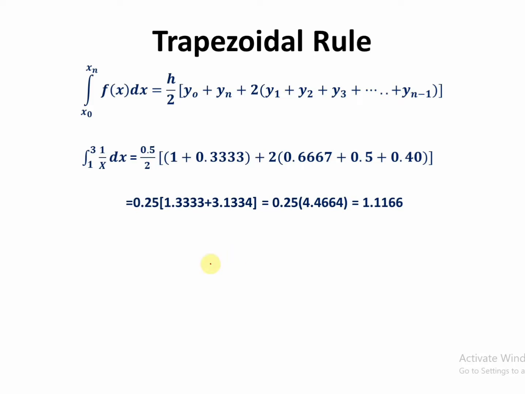For checking, we know the integration of 1 upon x dx is log natural x, so ln x, with limits 3 to 1. By putting in 3 and 1 and calculating on the calculator, you will find a value which is very near to this one.